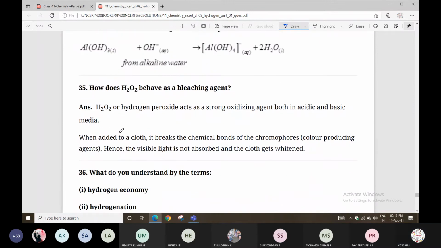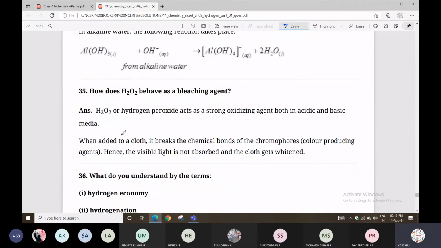Next one is: how does H2O2 behave as a bleaching agent? H2O2, hydrogen peroxide, acts as a strong oxidizing agent in both acidic and basic medium. When added to a cloth, it weakens the chemical bonds of the chromophores.